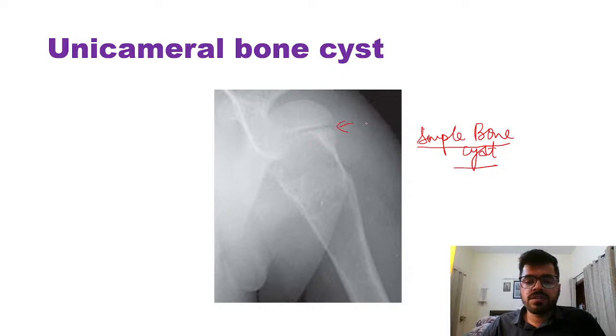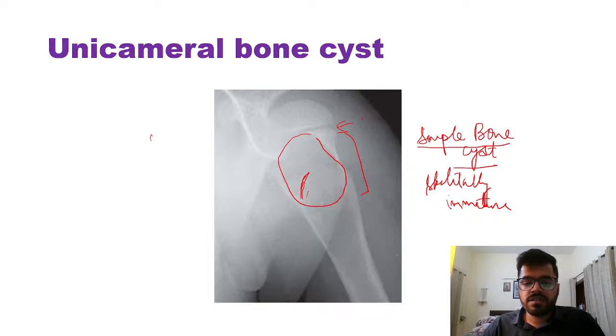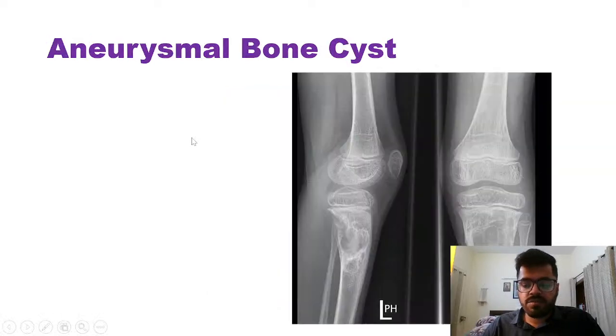It is seen in children, skeletally immature, and in the metaphyseal location. Here we can appreciate a single cyst cavity, and here we can appreciate the fallen fragment sign.